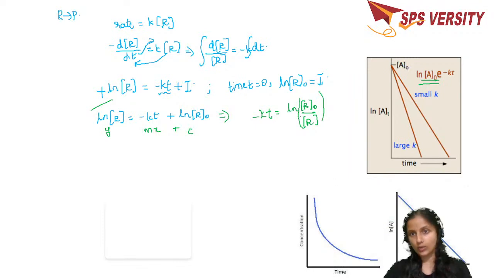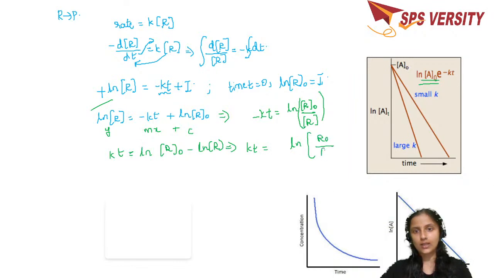Okay, let's move ahead. What is the next part? Rearrange this. Kt is equal to ln R naught minus ln R. Ln a minus ln b is equal to ln a by b, so kt is equal to ln of R naught divided by R. These are the concentration terms.